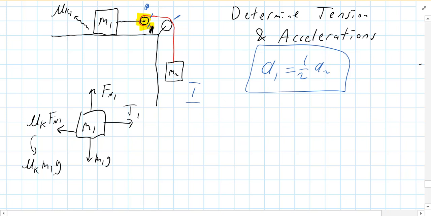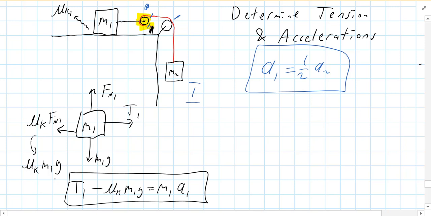And if I look at the net force in the horizontal direction, it equals M1a1, so I have T1 minus mu sub K M1g equals M1a1. All right, so now I've got 2 equations, but I have 3 unknowns: A1, A2, and now T1. So I can't solve yet. I need at least one more equation.